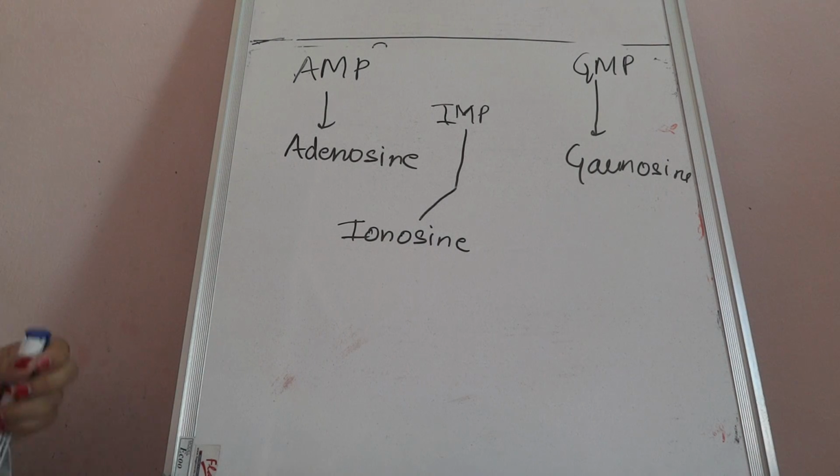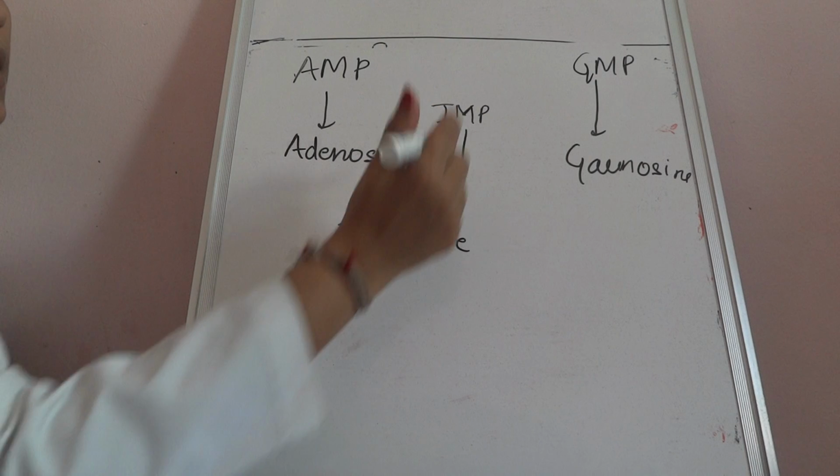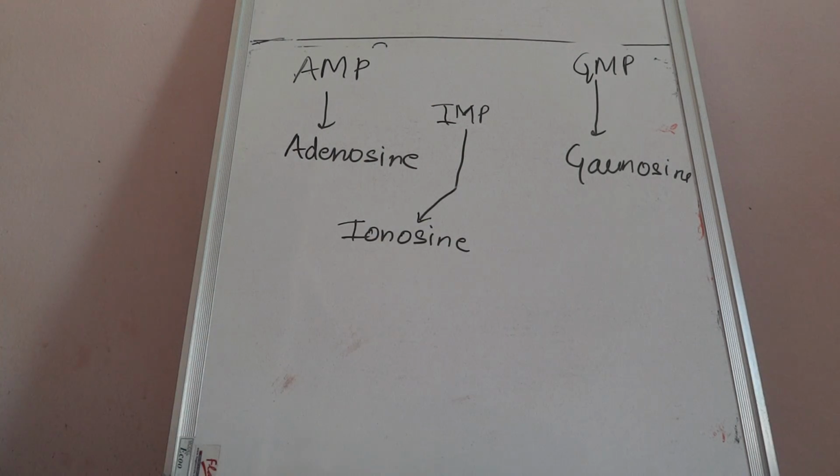Okay. So adenosine monophosphate forming adenosine, guanosine monophosphate forming guanosine, and inosine monophosphate forming inosine.